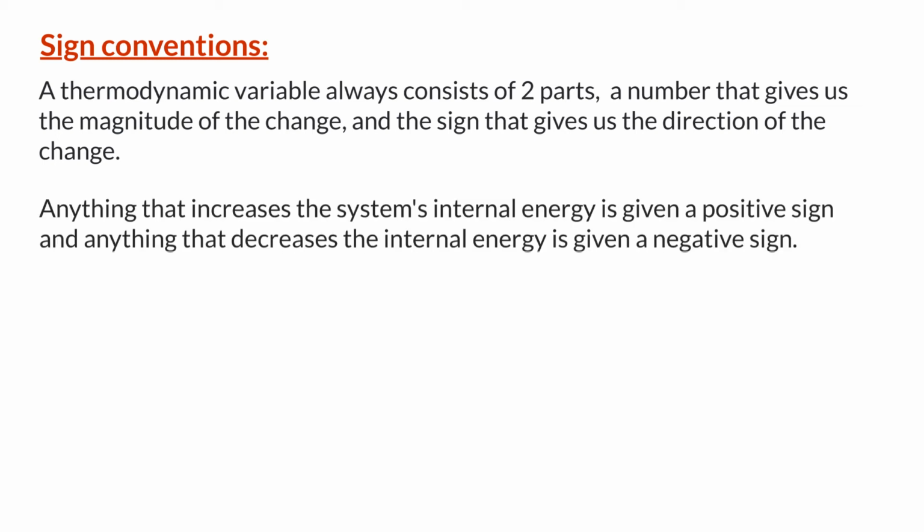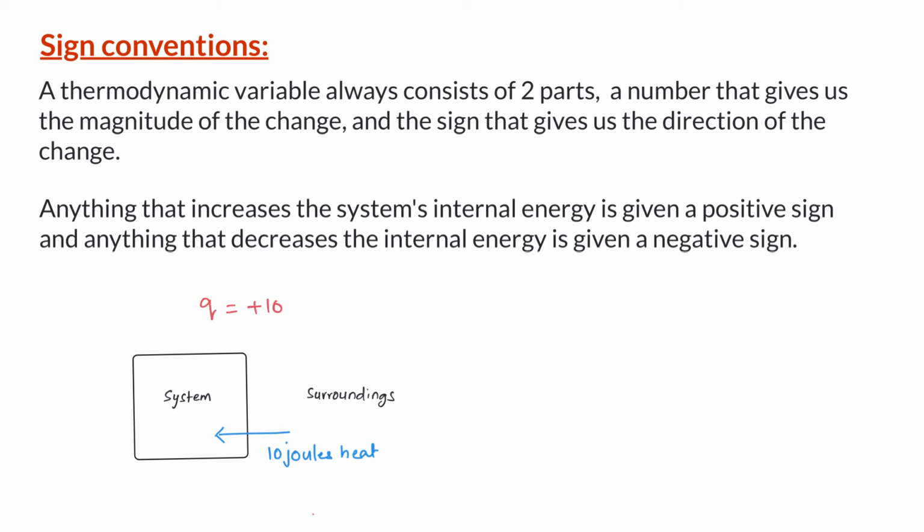That is, anything that increases the internal energy of the system is given a positive sign, and anything that decreases the internal energy of the system is given a negative sign. For example, if 10 joules of heat flows into the system, we represent Q as plus 10 joules.